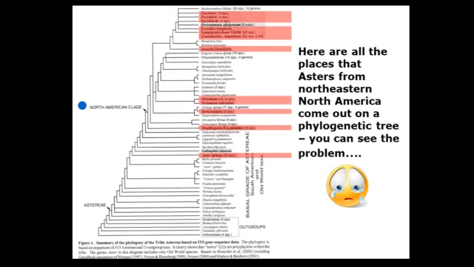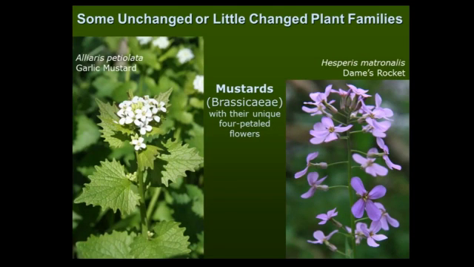Asters. This is a real sore point. Asters. Ooh, the aster disaster. What's the problem with asters? Well, here you have a nice phylogeny, and here are all the places where what we used to call asters come out. Now you know already that this is bad.